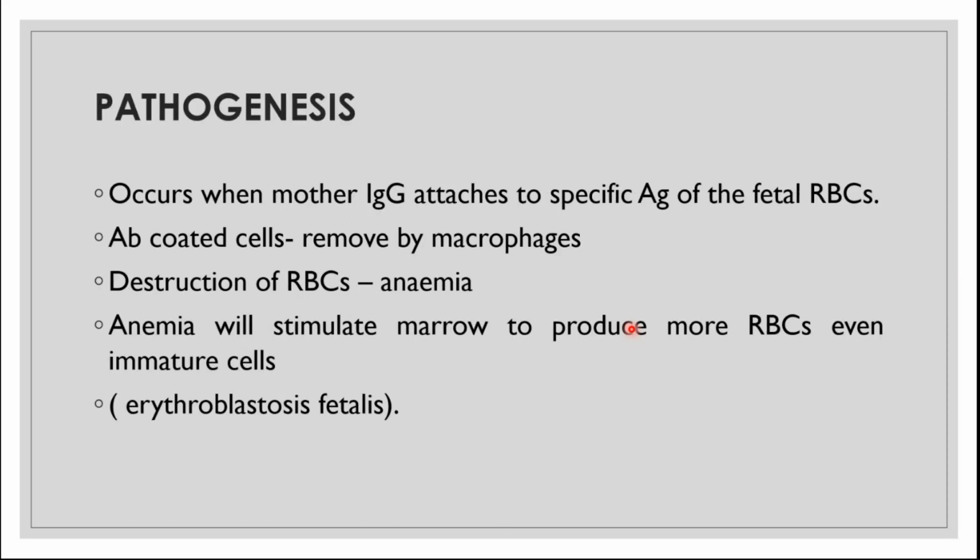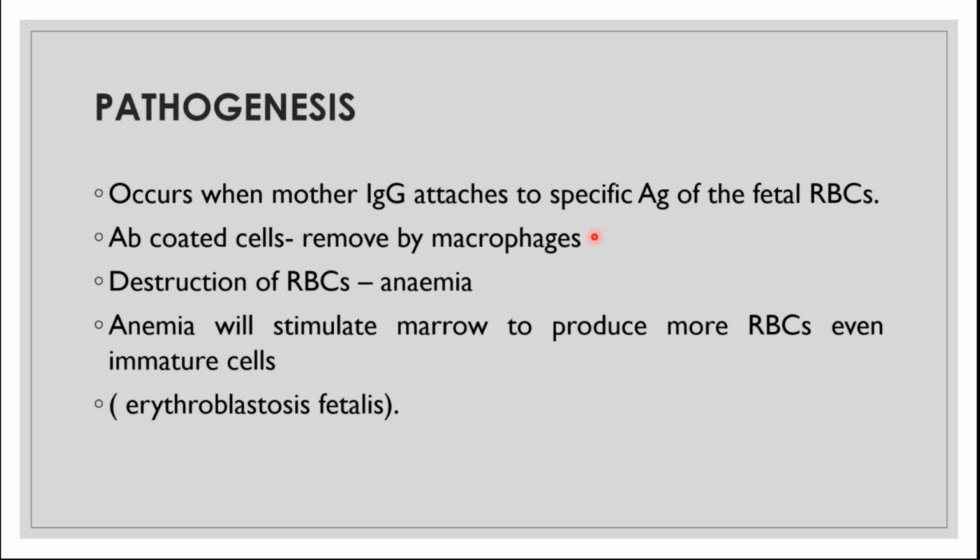Okay, pathogenesis occurs when mother's IgG attaches to specific antigen of the fetal RBCs. The antibody coated cells are removed by macrophages. Destruction of RBC will cause anemia, low RBC lah.